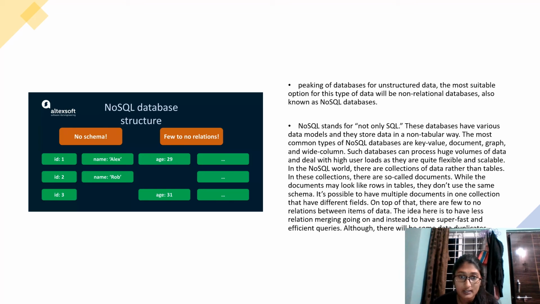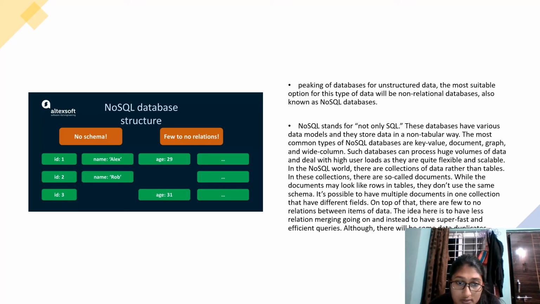These databases have various data models and they store data in a non-tabular way. The most common types of NoSQL databases are key-value, document, and wide-column. Such databases can process huge volumes of data and deal with higher user loads as they are quite flexible and scalable.